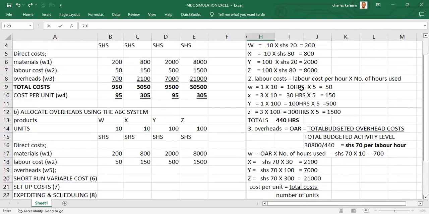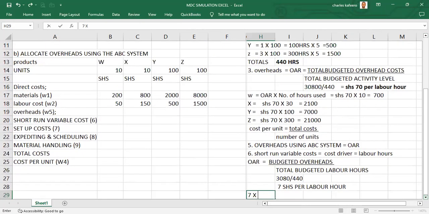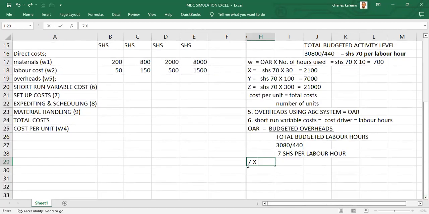For product W, they are 10 labor hours. This will give us 70 shillings.